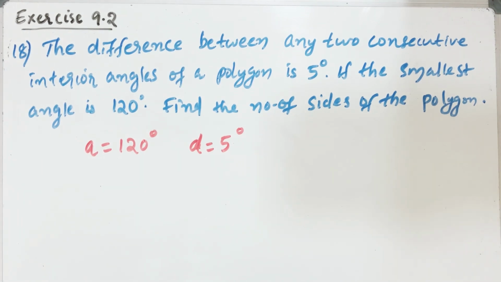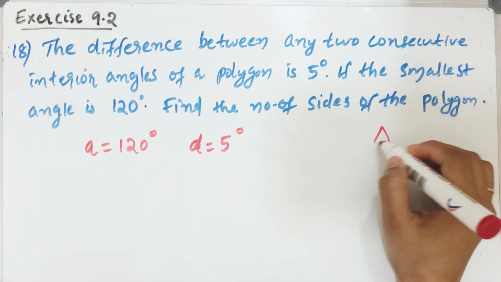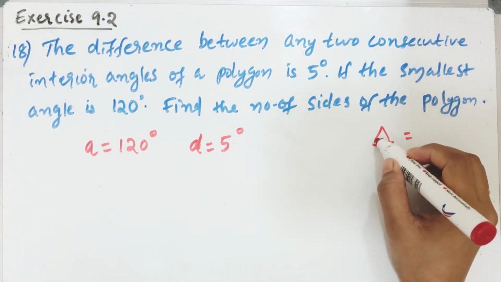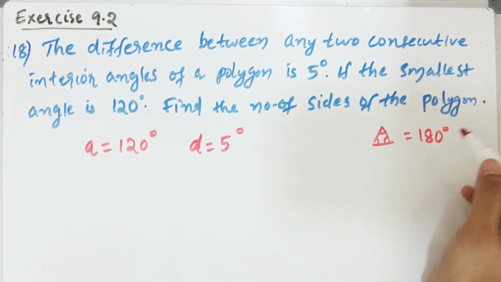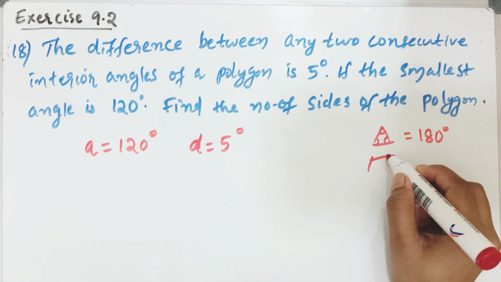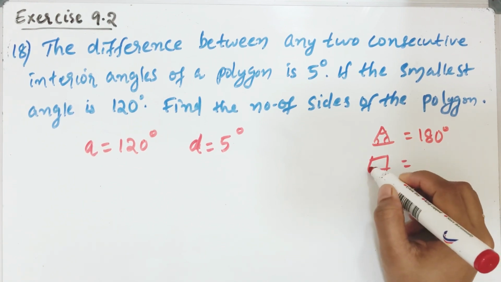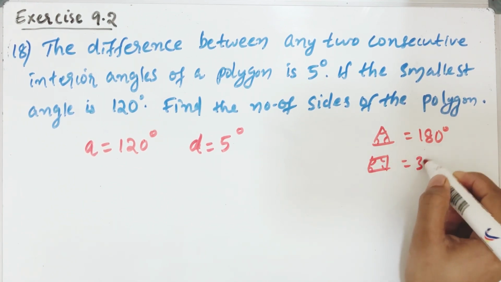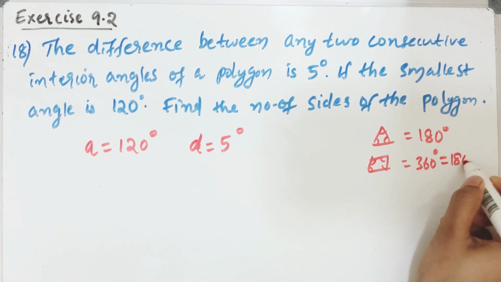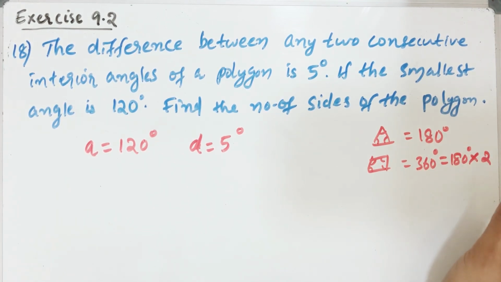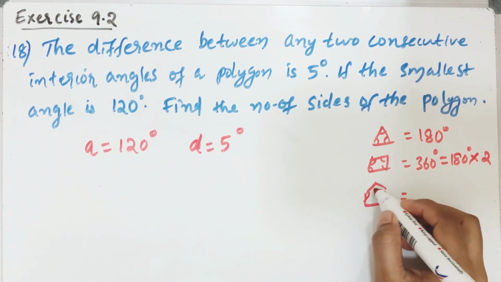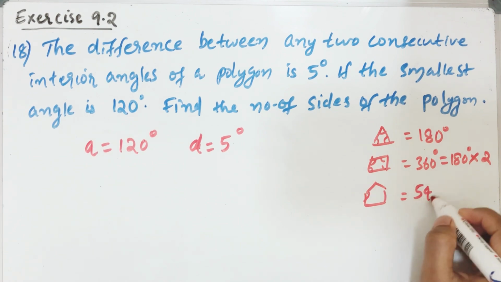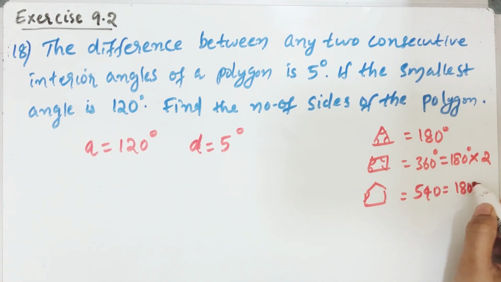What is the sum of all interior angles of a polygon? See, for a triangle, what is the sum of all angles? This angle plus this angle plus this angle will be 180 degree. And for a quadrilateral, we can say the sum is 360 degree, which is equal to 180 degree into 2. And for a pentagon, 5-sided, we can say the angle is 540, that is 180 into 3.